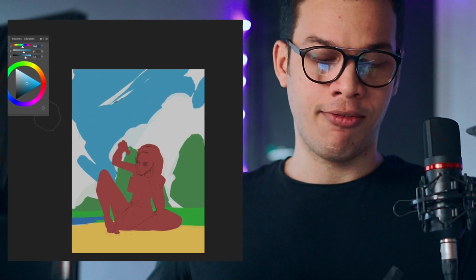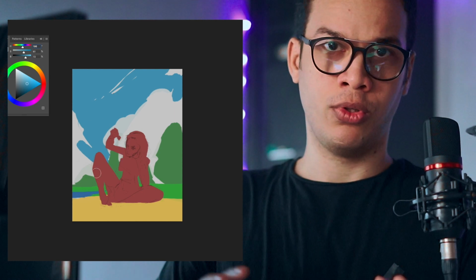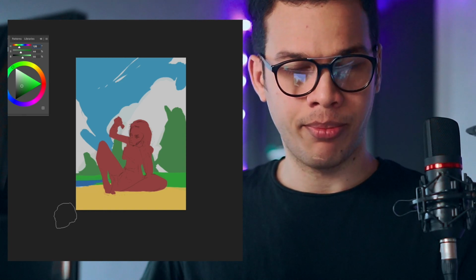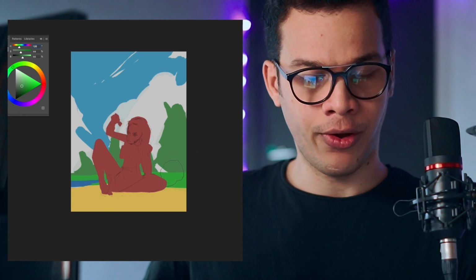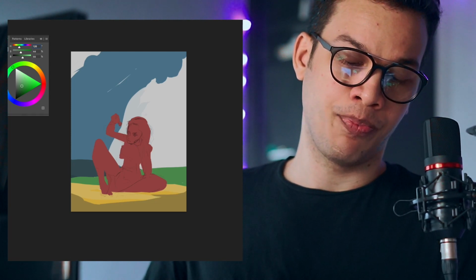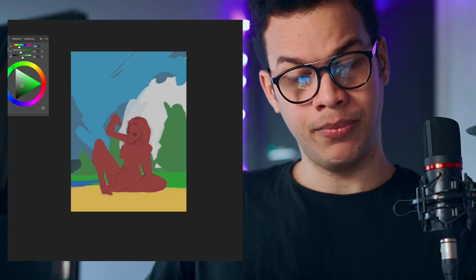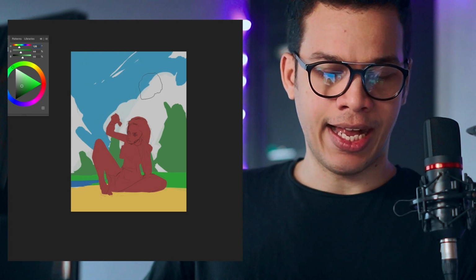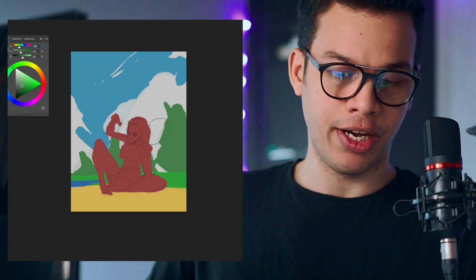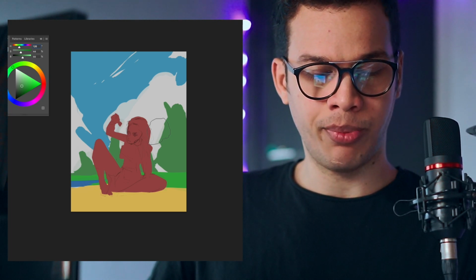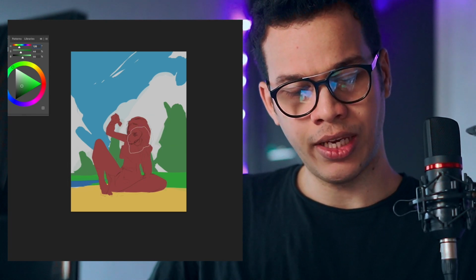First, here we have, obviously, a clear sky that helps us have some breathability on our art piece overall. But then as we go down, it gets busy. But if you look at the way I shape the clouds, it's guiding you through this line over here to the tip of her hand, and it is helping you to be easily seduced to the idea of, hey, come look here.